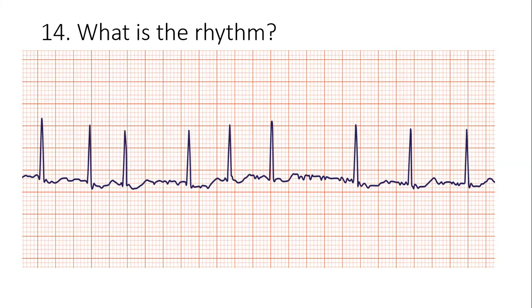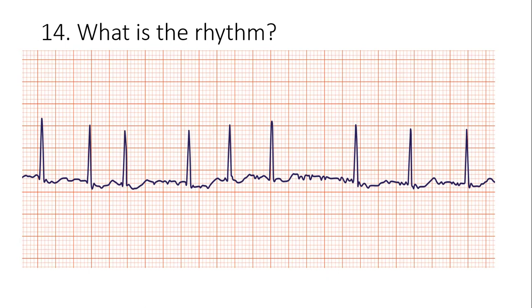It's not very neatly spaced out. With a flutter, again, we don't have a discernible P wave, but the electrical activity before the QRS complexes is like a sawtooth pattern. It looks kind of like a saw, and that is more of a regular looking rhythm. So this is AFib, because we don't have discernible P waves, it's not that neater looking pattern, and our QRS complexes are irregular.